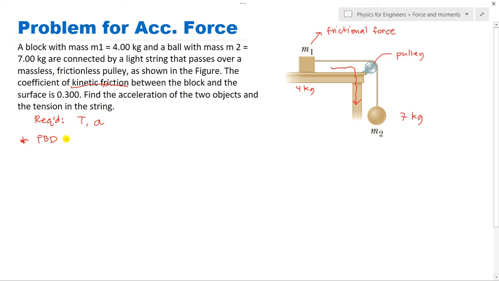So let's start with FBD of mass 1. Okay, here you need to consider all the forces, whether vertical, horizontal, or etc. So here for mass 1, since naman siya weight, gibira gid siya ni weight. So we have here mass 1 times the gravity.